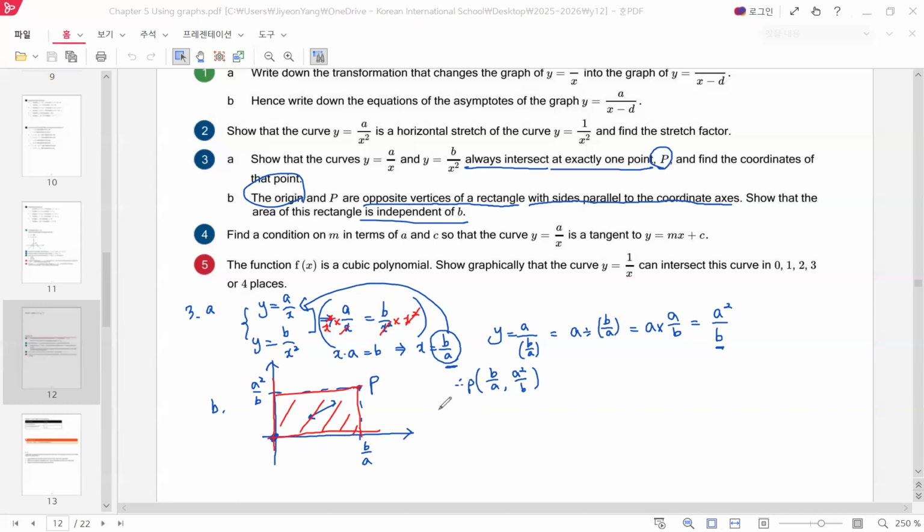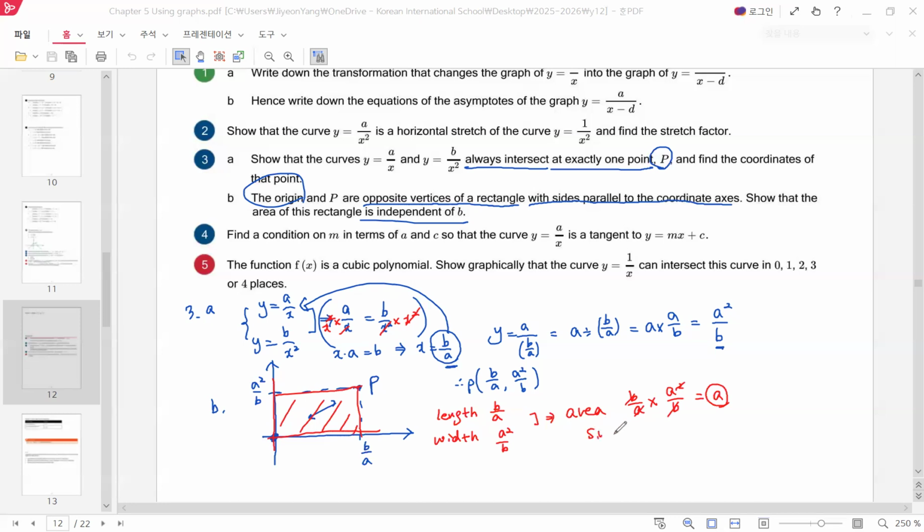The length of this rectangle is b over a. The width of this rectangle is a squared over b. Therefore, the area of this rectangle is b over a, the length, multiplied by the width. Then you can cancel the b and you can cancel one a.